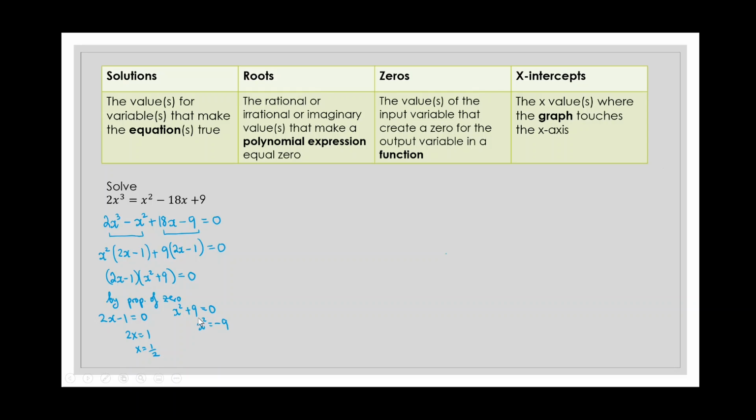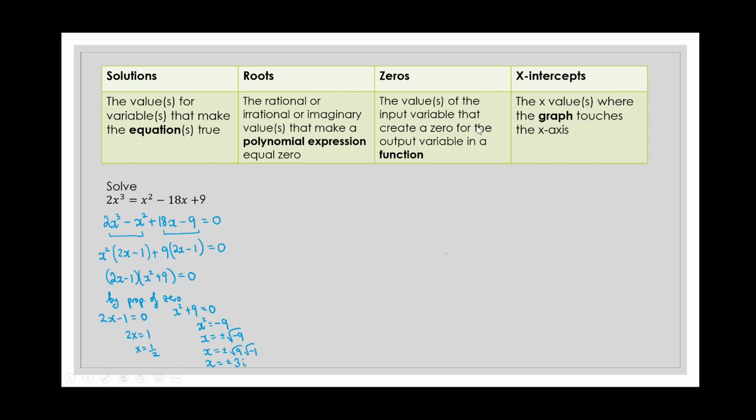Solving this one, we have to move 9, so subtracting 9, then we need to get rid of squares, we do square root, but the square root of a negative does not exist in real numbers. But you can actually proceed to solve this with imaginary numbers. So first of all, root -9 is the same thing as root 9 times root -1. Root 9 is just going to be a 3, and the square root of -1 is the i for imaginary number.